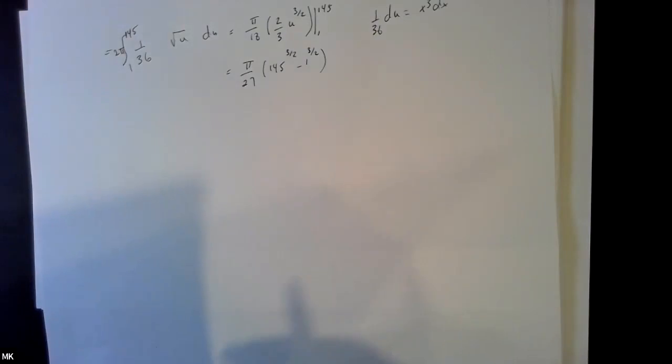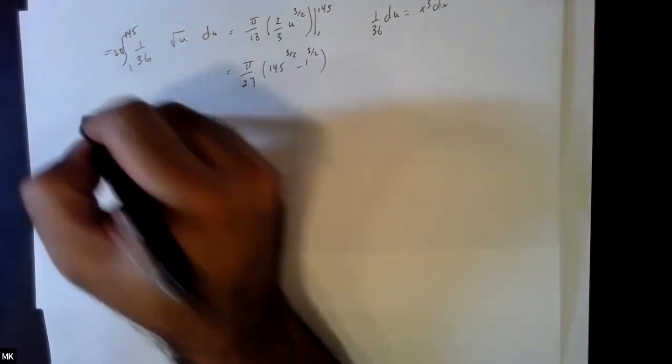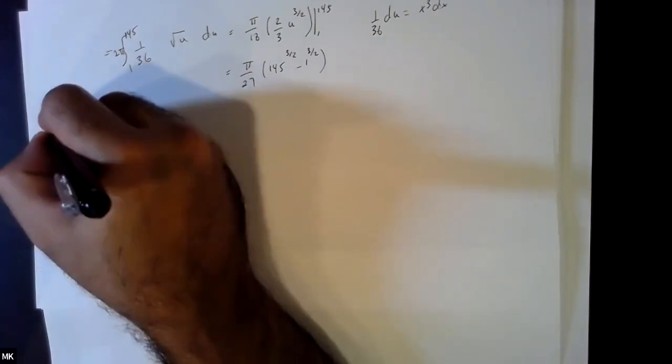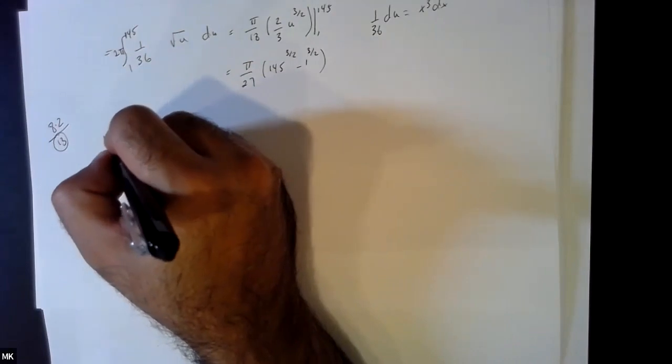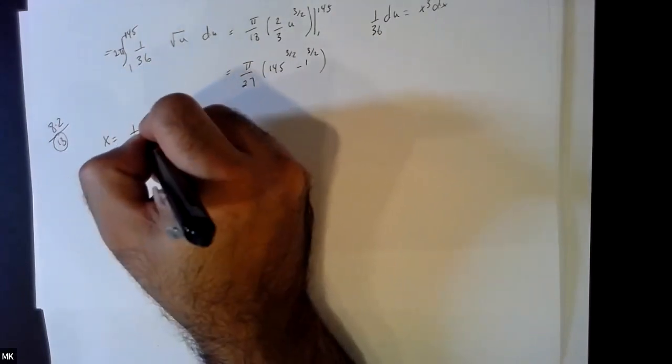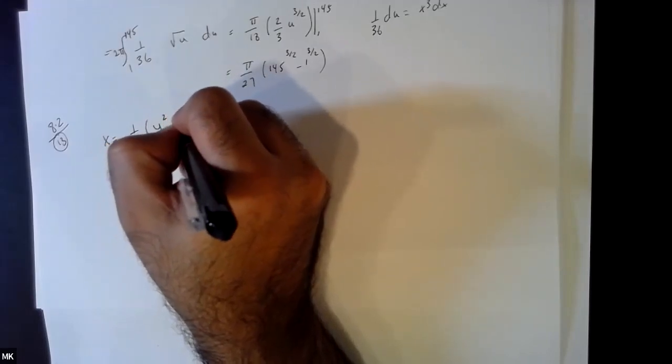Let's do number 13. Again, still in 8.2, number 13. Now, x is equal to a function of y. Still rotated about the x-axis, but x is a function of y.